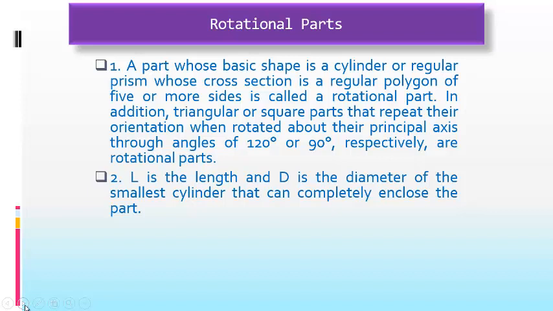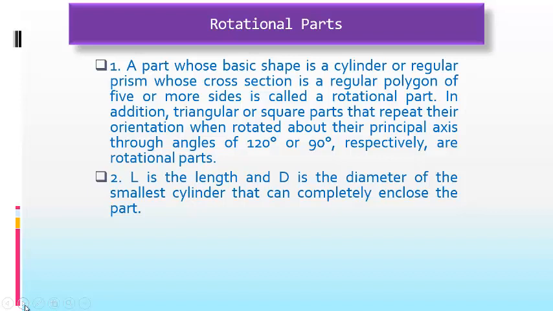If it has 4 sides, it will not be a rotational part and will be non-rotational. But if it has 5 or more, it will be a rotational part. In addition, triangular or square parts that repeat their orientation when rotated about their principal axis through angles of 120 degrees or 90 degrees respectively are also rotational parts.